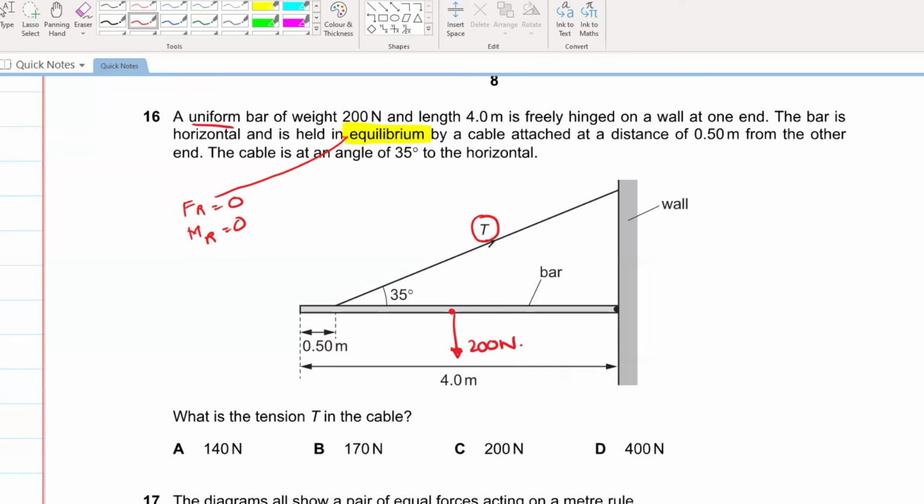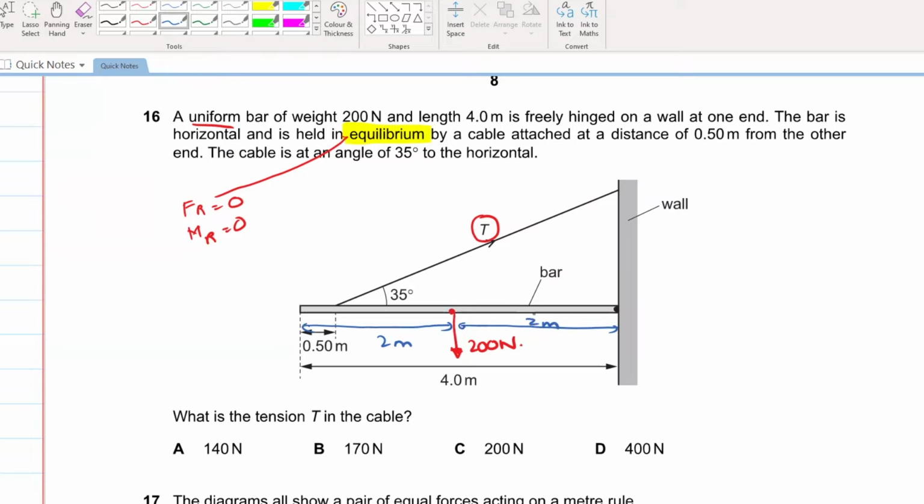Weight of 200 Newton will act exactly in the middle. If the weight is acting exactly in the middle, what will this distance be? This distance will be 4 divided by 2, that is 2 meters. And this distance will also be 2 meters.